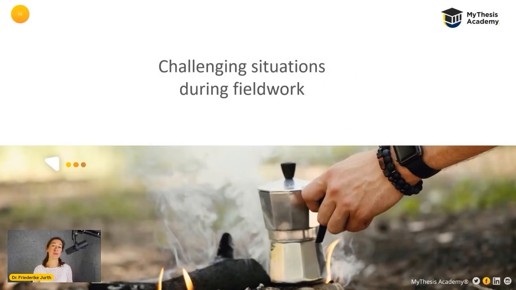If we talk about challenging situations during fieldwork, then we should not only consider the sensible areas and the related challenges and difficulties, but also some personal dilemmas which can occur.